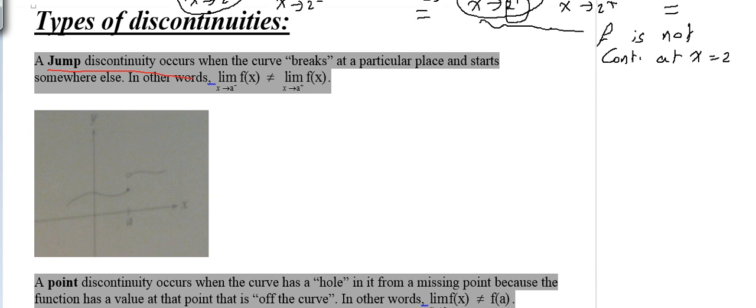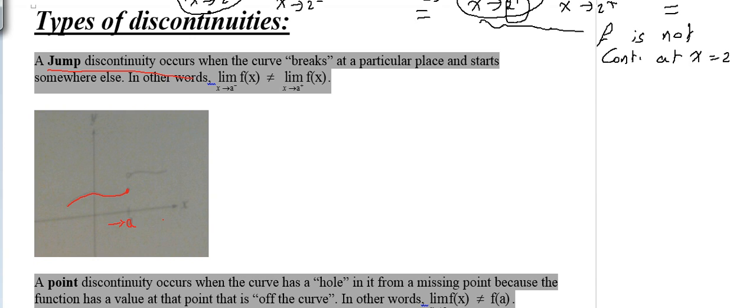This is a part of a function drawn here. Here we have a point. At this point a, if f of x approaches a from the right, we have the point here.